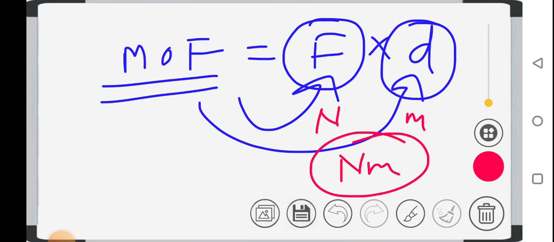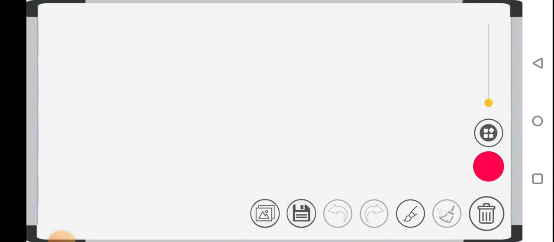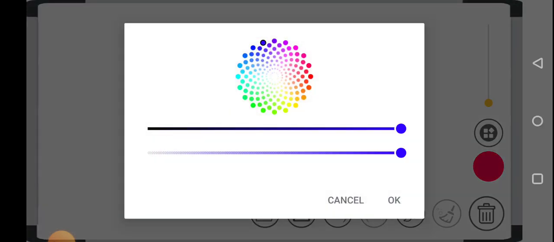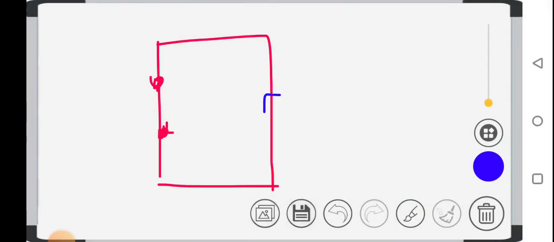Now what is moment arm? I have been talking about moment arm for so long. What is moment arm? Now children, again I'll take a door. Now you know doors are fixed at a certain point. Those are known as hinges, or you can say doors are pivoted. Now you have usually noticed that in a door the handles are put at the periphery, or you can say at the outer edge.